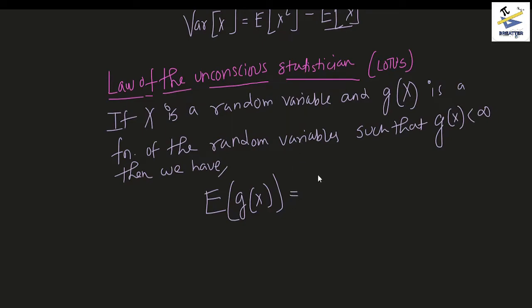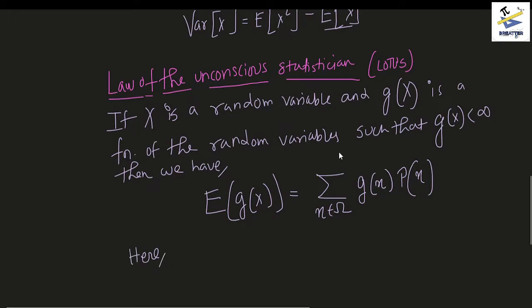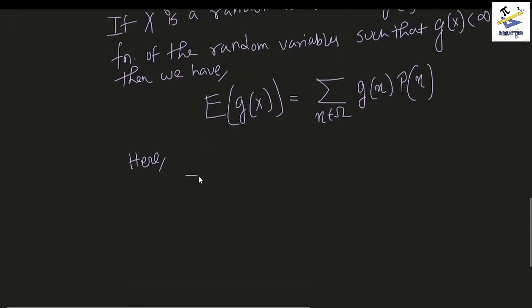It says that this is simply equal to the sum over small x belonging to omega of g(x) times the probability of x. So what does this mean? Here omega is the sample space.